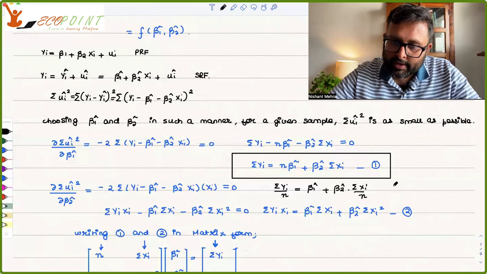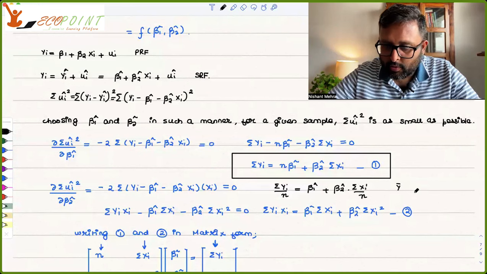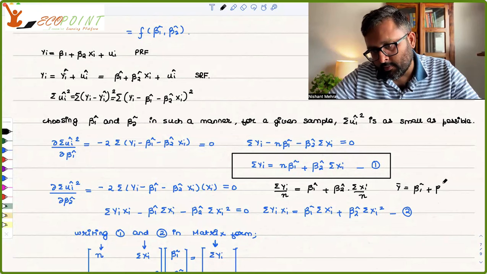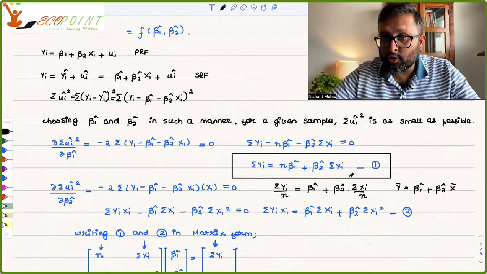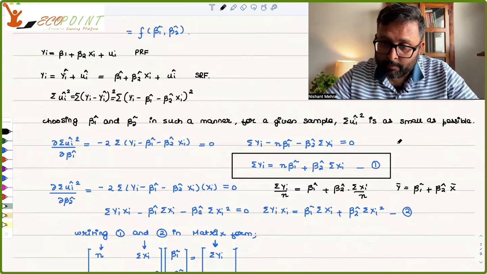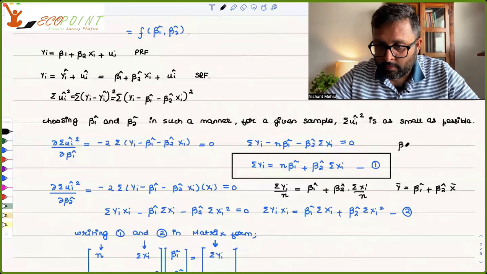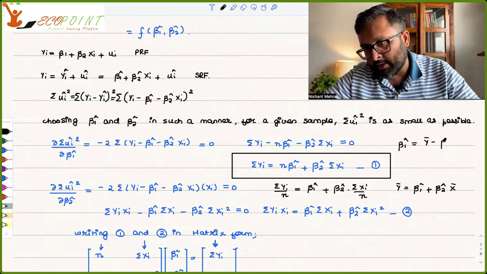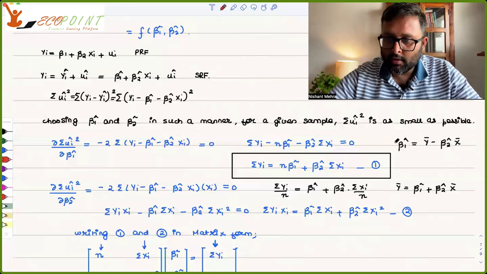What is summation of yi upon n? Y bar equals beta 1 hat plus beta 2 hat x bar. So how can I write beta 1 hat? Beta 1 hat is then y bar minus beta 2 hat x bar.